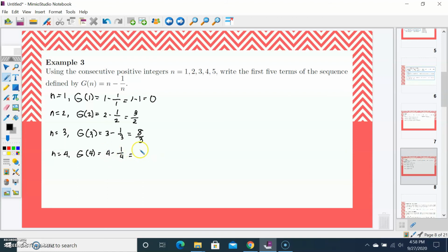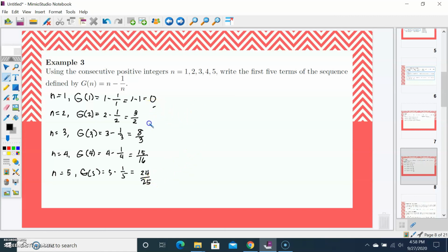And this will give us 15 over 16. And then the last term, by considering the value of n, which is equal to 5, we'll have g of 5 is equal to 5 minus 1 over 5, which is equal to 24 over 25.